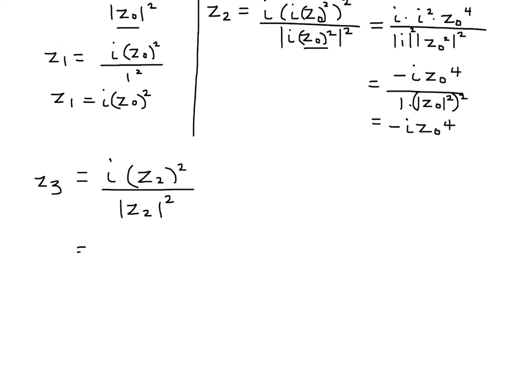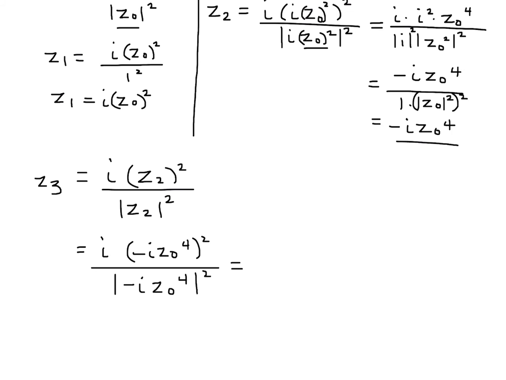So z2 we have as right here, negative i z0 to the 4th all squared, all over negative i z0 to the 4th magnitude squared. So the numerator becomes negative i squared. Well, negative 1 squared is just 1, and then i squared is negative 1, and then z0 to the power of 8.